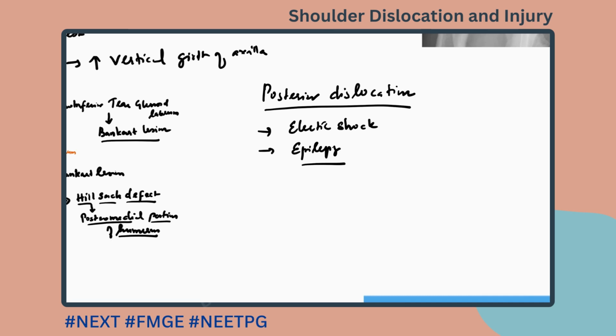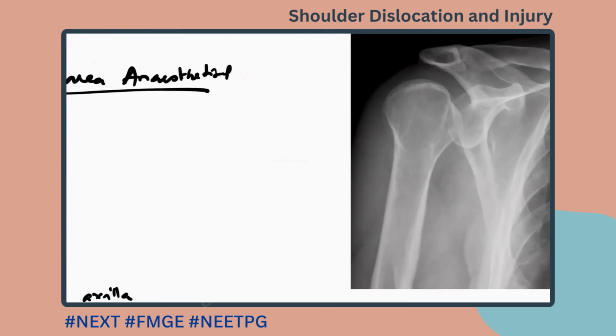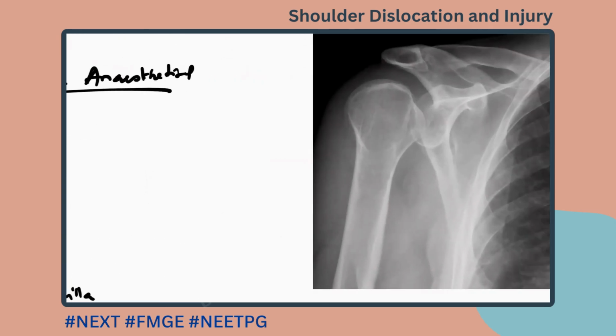Whenever there is a posterior dislocation, two lesions are seen. One is reverse Banker's lesion, another one is reverse Hill-Sachs lesion. Whenever there is a posterior dislocation, this is the X-ray which will be seen. It will almost look like a normal X-ray, but this is not a normal X-ray. This X-ray is looking like an electric bulb.